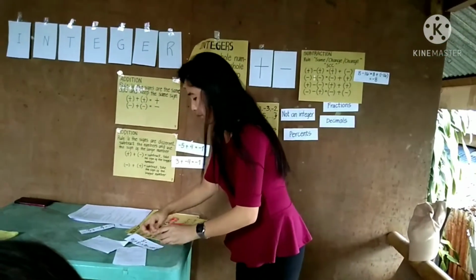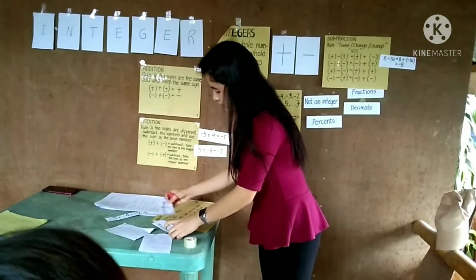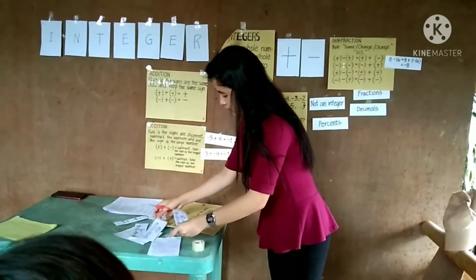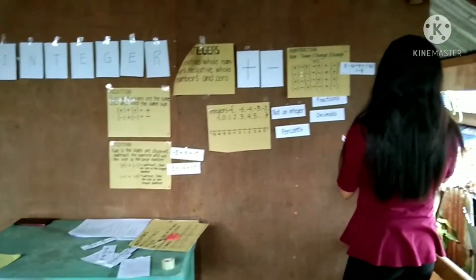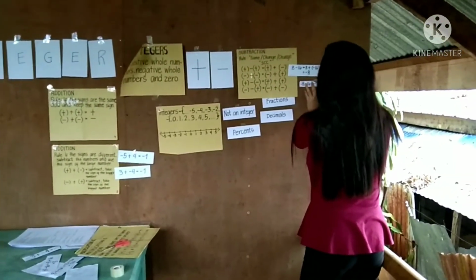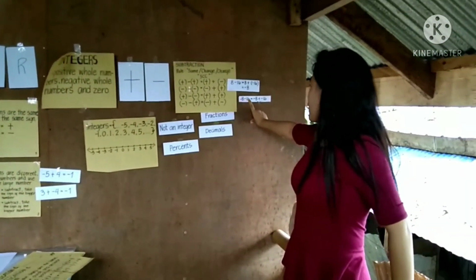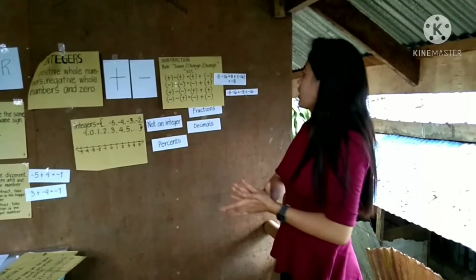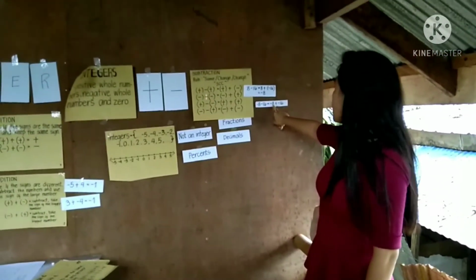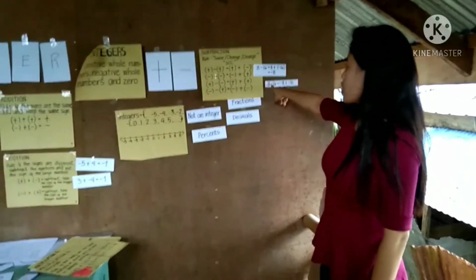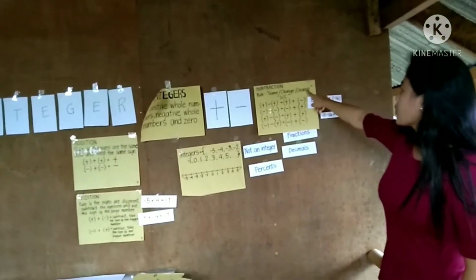Let's have another example. Let's have negative 8 minus 16. So, the first number will stay the same, negative 8. Change, so si negative or si minus, mahimong plus, kay change. The third rule, change.